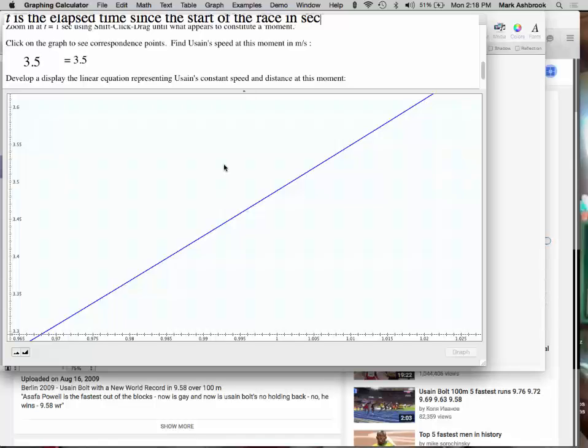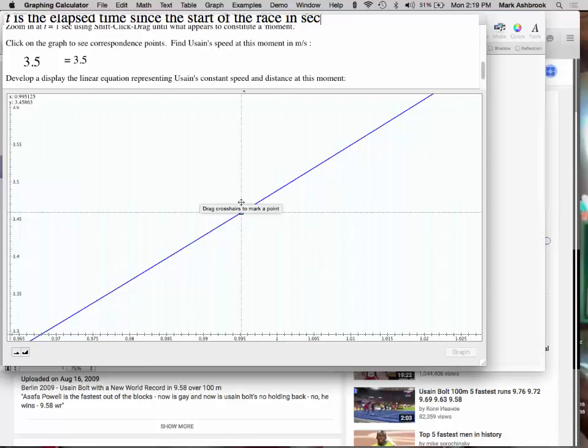Okay, anyway, so how would we find his speed in a small period of time, right around 1 second? How do we calculate that? It's the same as calculating constant rate of change. We could get the corresponding point, say here at 1.005, and the corresponding point at 0.995, and then do what?